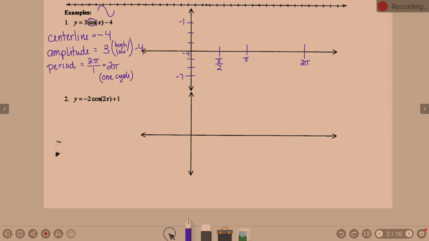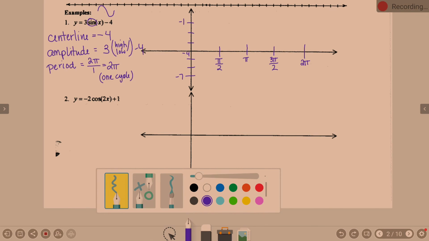And then what's the middle between 1 pi and 2 pi? 3 pi over 2. Or in other words, what's the middle between 1 and 2 is 1/2, which is 3/2, 3 pi over 2. Okay. That's half the battle right there.